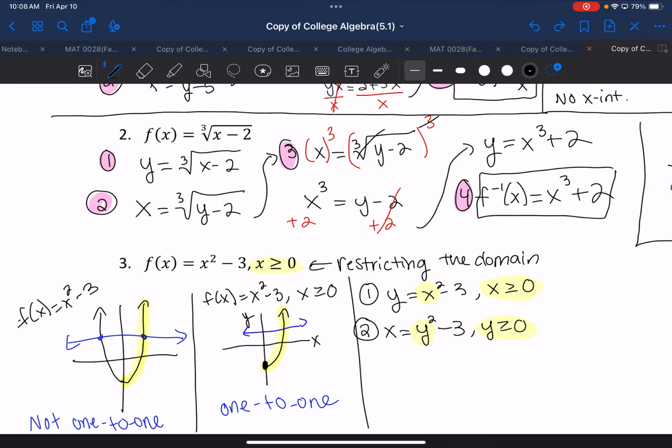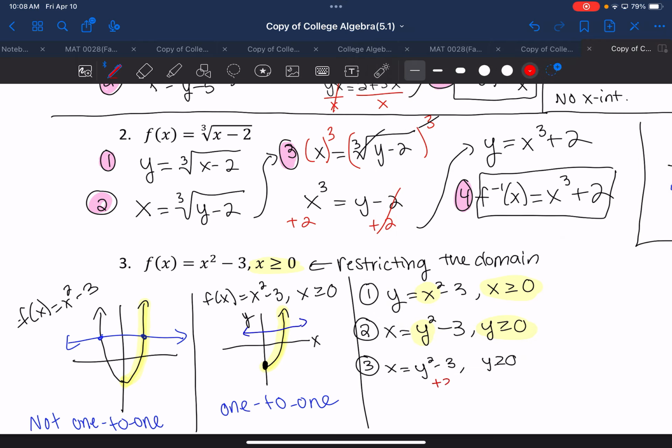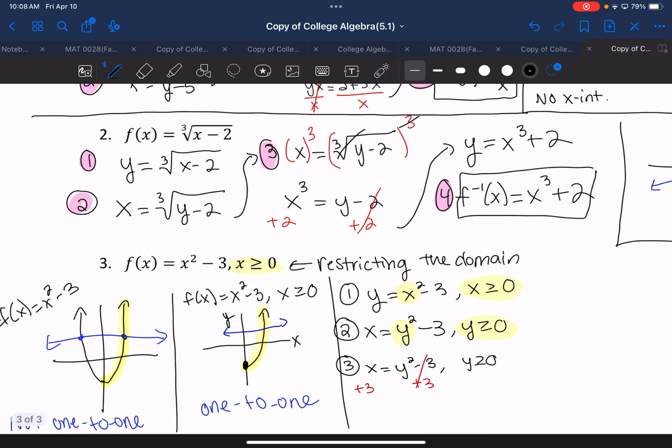I'm just going to rewrite this, and I'm going to solve this for y. So I would add 3 to both sides. And that would give me x plus 3 is equal to y squared.